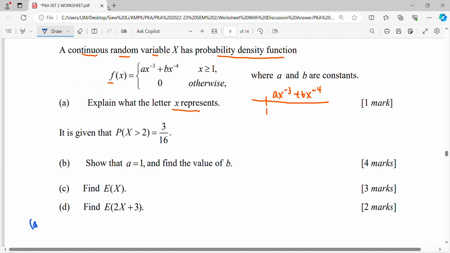Do you know about continuous random variable? What does it represent? What is the quantity that will be under continuous random variable? So our x can be represented. What kind of quantity is under continuous random variable? Let's say times, weight, height.